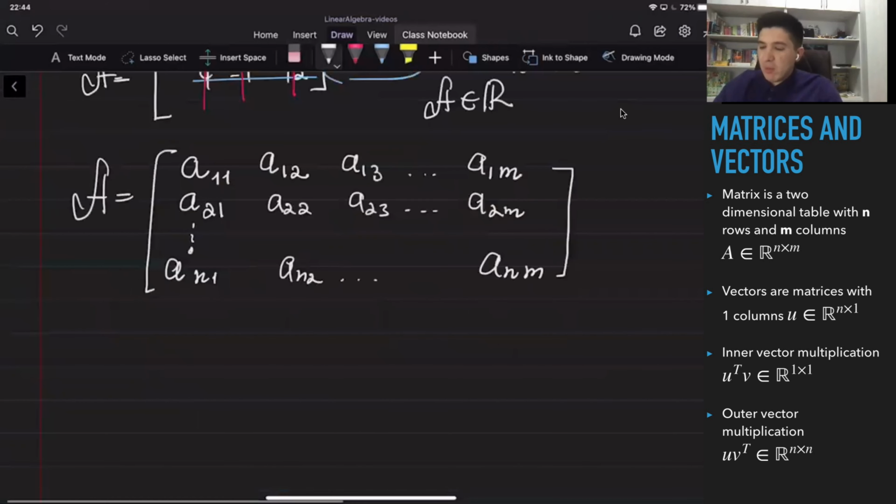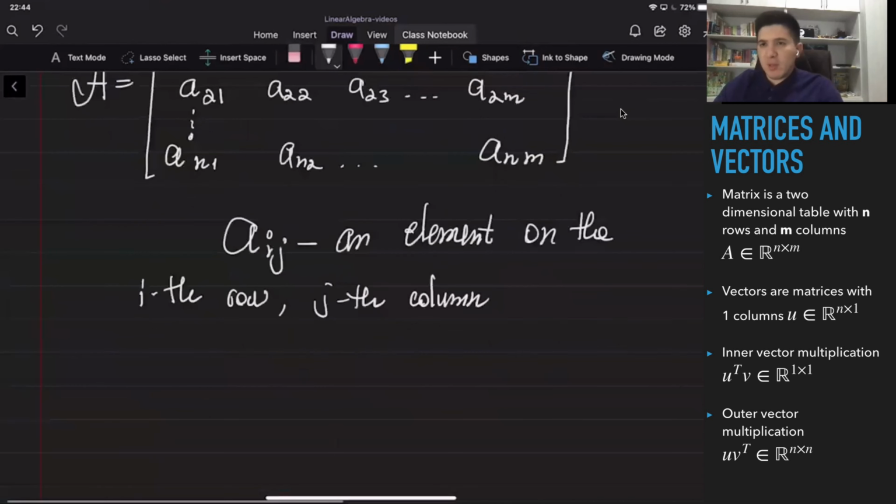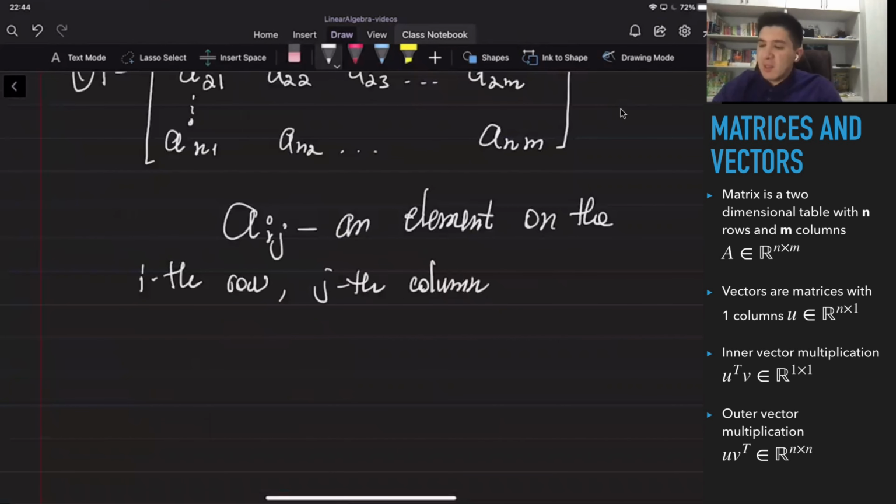So in general, Aij is an element on the i-th row and j-th column. In general, it's not so difficult. The first index means the row number, and the second index means the column number.